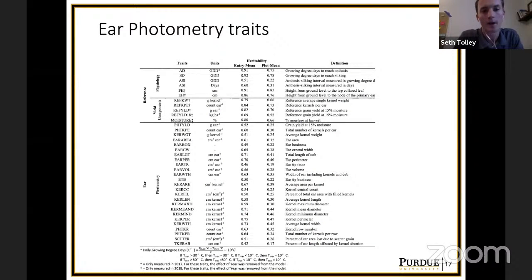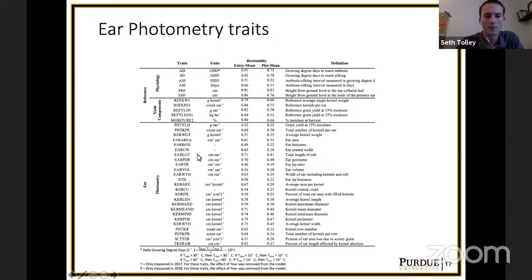Then we wanted to look at the heritabilities of these ear photometry traits. So we looked also at our reference measurements that we made, but for this talk, I'm going to specifically just keep an eye on the ear photometry traits. What we found was that yield, as estimated by the photometry platform, had one of the lowest heritabilities on an entry mean and plot mean basis compared to our other traits that we evaluated.